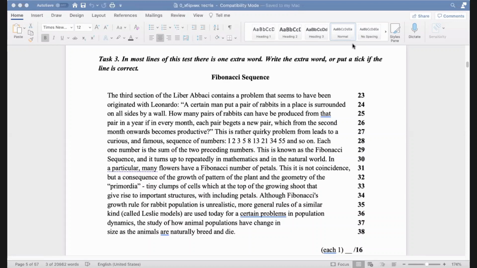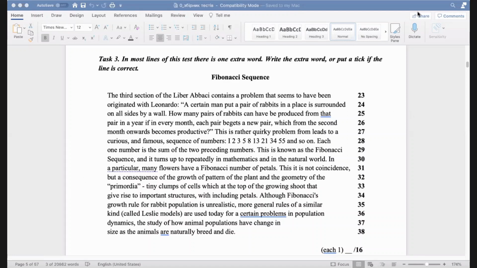So this is known as the Fibonacci sequence, and it turns up to repeatedly in mathematics and in natural world. In a particular, many flowers have a Fibonacci number of petals. This is not a coincidence, but a consequence of the growth of pattern of the plant and the geometry of primordia. Tiny clumps of cells, which at the top of the growing shoot, that give rise to important structures, with including petals.